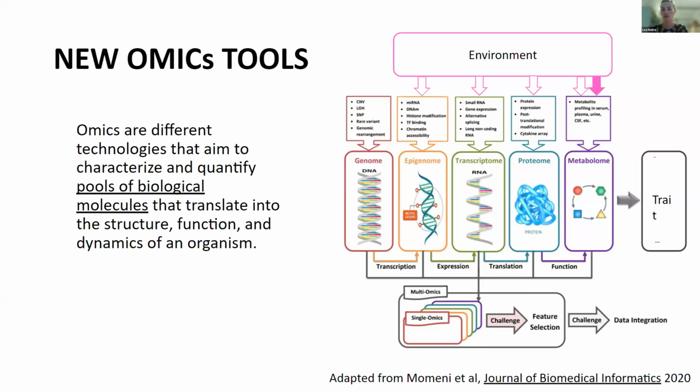These are the main omics tools. And I will also touch upon the microbiome, which is not here. All these omics use different technologies and quantify different pools of biological molecules, but that's the main characteristic of all of them. We're not focusing on single markers, but on a holistic characterization of biological layers.